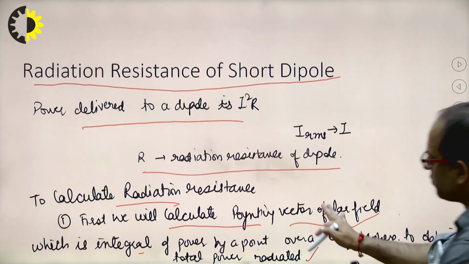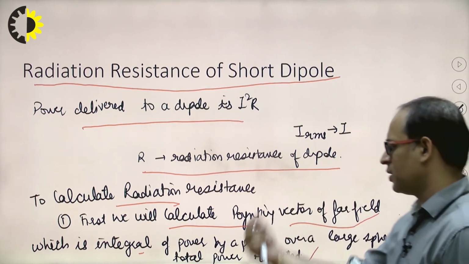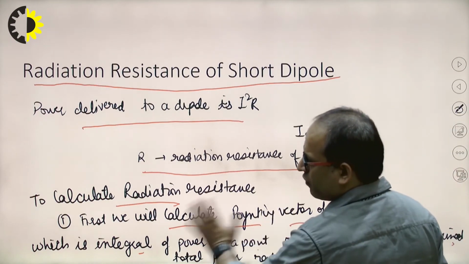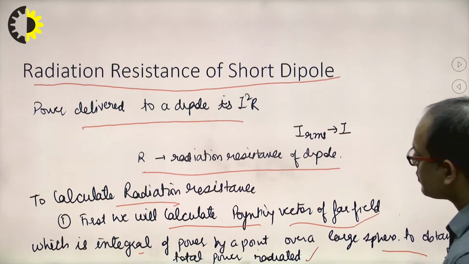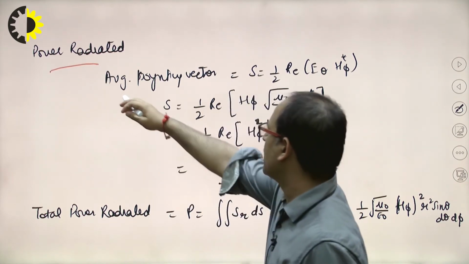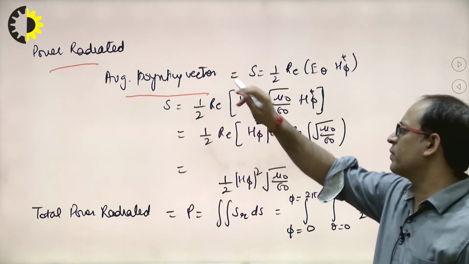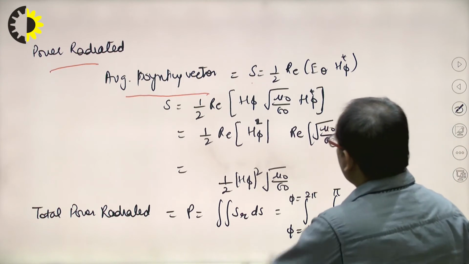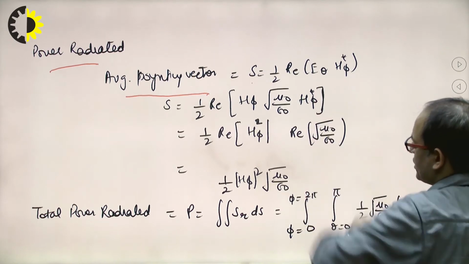Clear? First we will calculate the Poynting theorem, the power obtained at point P, then we will integrate that over a whole sphere, and we will get the total power radiated by the dipole. Clear? So power radiated will be equal to what? The average Poynting vector, shown by S, is equal to 1 by 2 real part of E theta times H phi conjugate.